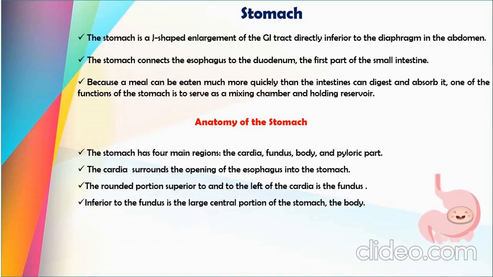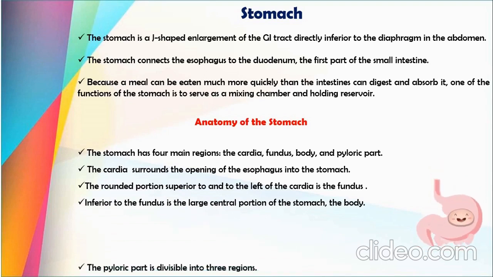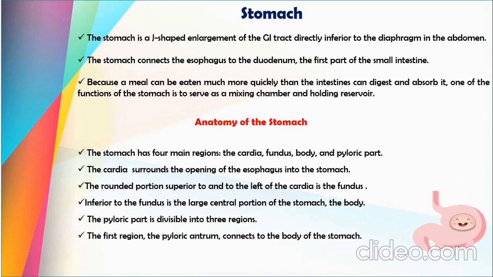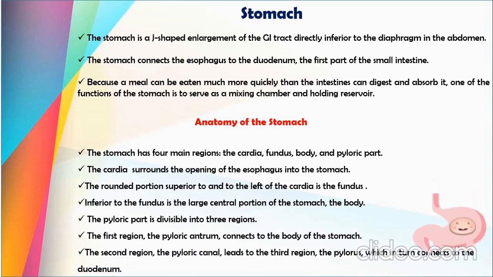Inferior to the fundus is the large central portion of the stomach, which is called the body. The pyloric part is divided into three regions. The first region is the pyloric antrum, which connects to the body of the stomach. The second region is the pyloric canal, which leads to the third region, the pylorus, which in turn connects to the duodenum.